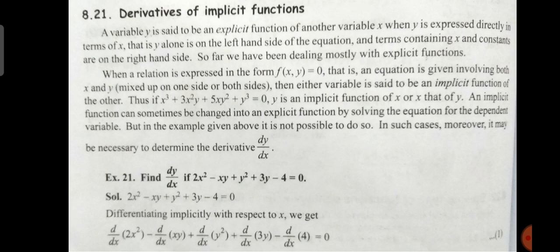And next is the derivative of implicit function. What is an implicit function? A variable y is said to be an explicit function of another variable x when y is expressed directly in terms of x.